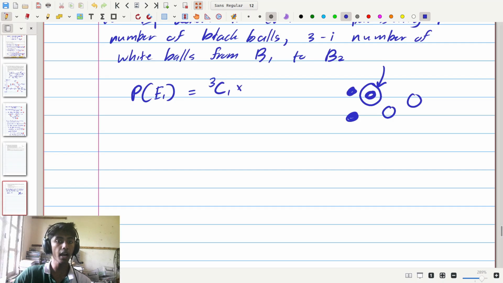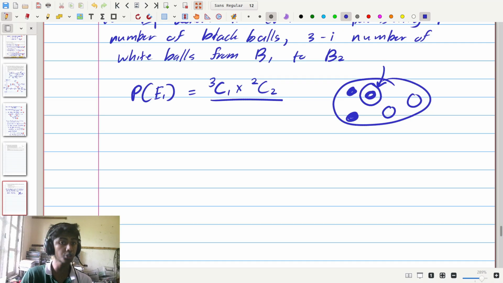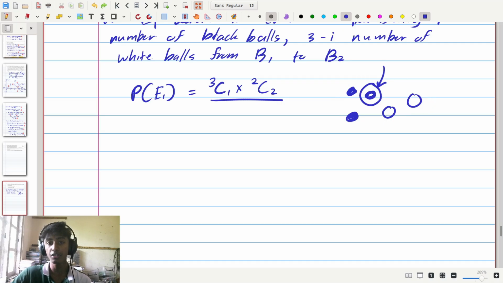After that, out of our 2 white balls, we need to choose both of them. So we have 3 choose 1 times 2 choose 2 possibilities for choosing our 3 balls. Next, we divide this by the total number of possibilities of choosing our balls to transfer. Since we have 5 total balls and we need to choose 3 of them, the total possibilities are 5 choose 3, and therefore the probability of event E1 is 3 choose 1 times 2 choose 2 divided by 5 choose 3.